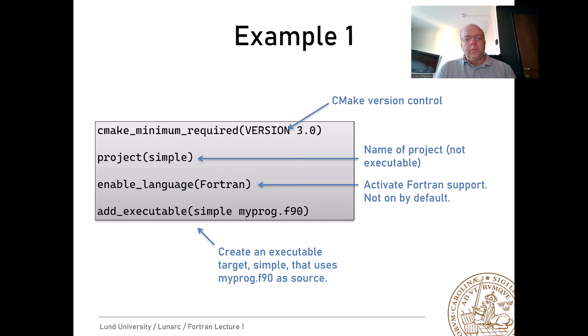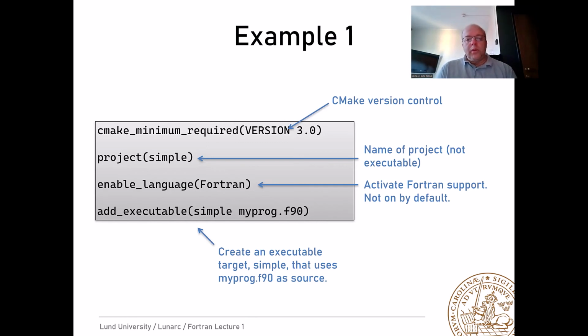Next comes the actual definition of your project. The first thing you do is name your project. So project(simple). That is the name of the project. It's not an executable. A project can contain both libraries and multiple executables. So it can handle a large project with different subsystems.